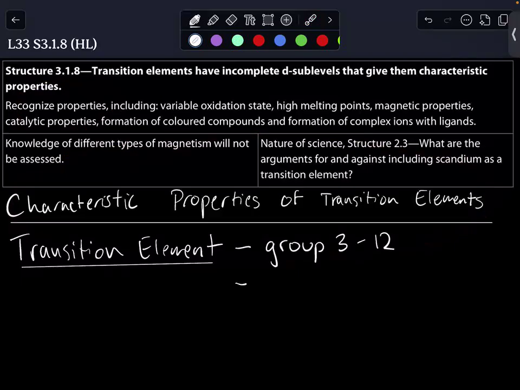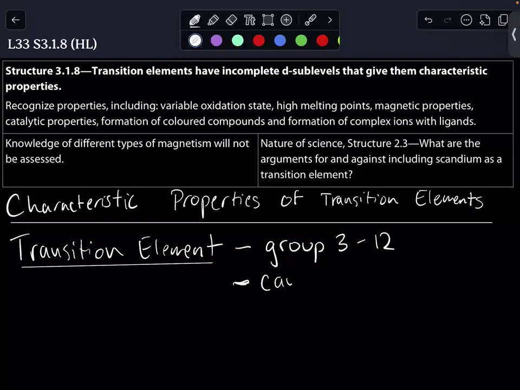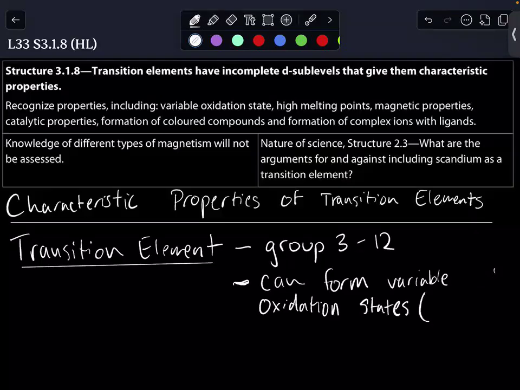We know we're going to learn at least that they can form variable oxidation states, which I'm going to start calling OS to shorten that up, just because I don't want to write it over and over.